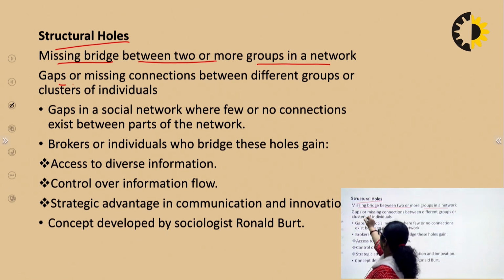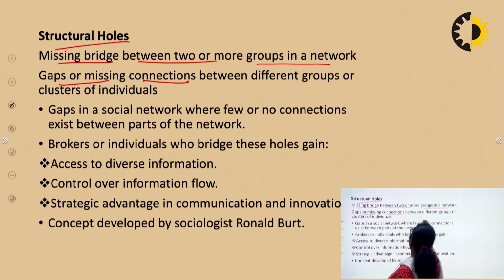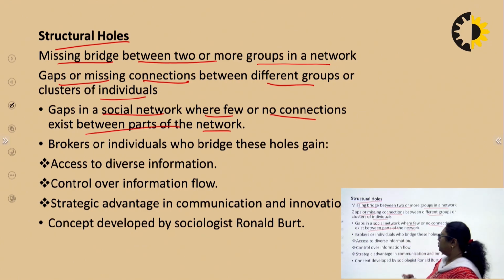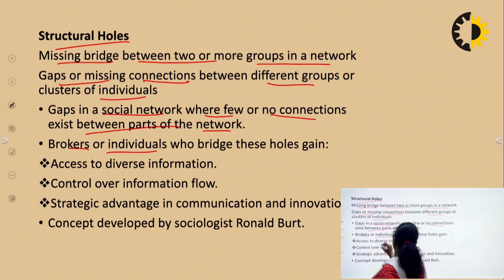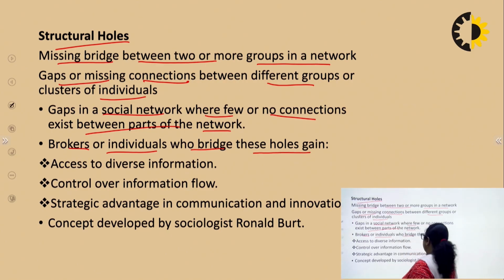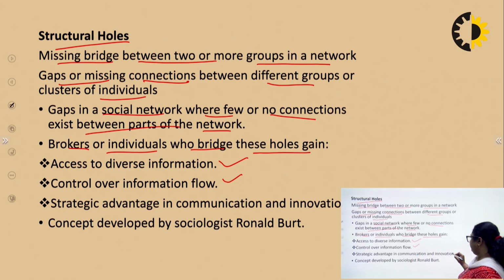They are gaps in a social network where few or no connections exist between parts of the network. Brokers, individuals who bridge these holes, gain access to diverse information, control of information flow, and strategic advantages in communication and innovation. The concept was developed by Ronald Burt.